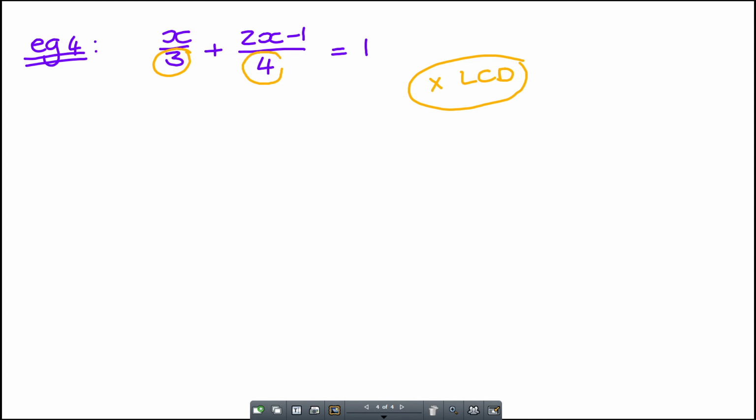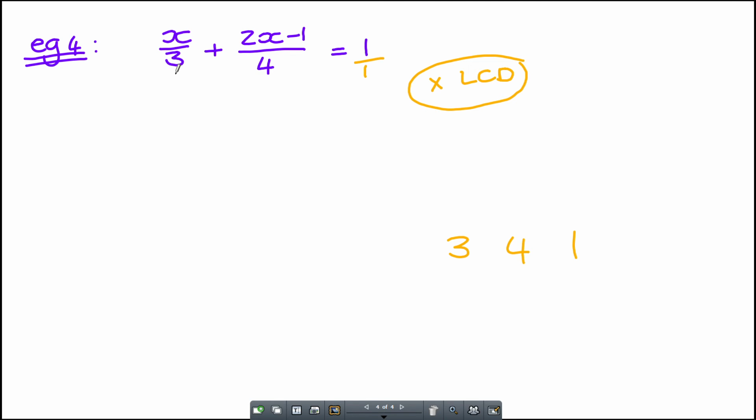Over there it's 4. Now, what is this one? It's actually 1, because 1 is the same as 1 over 1. So if your denominators are 3 and 4 and 1, what's the lowest number that all of them can go into? Not 1. I want the lowest common denominator. 12. Yes.